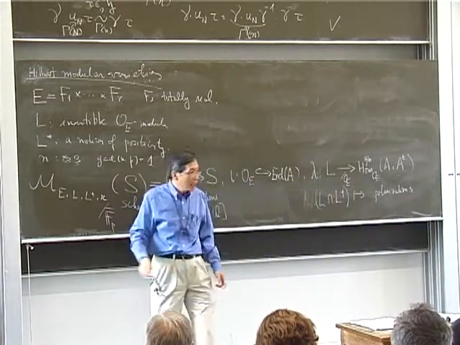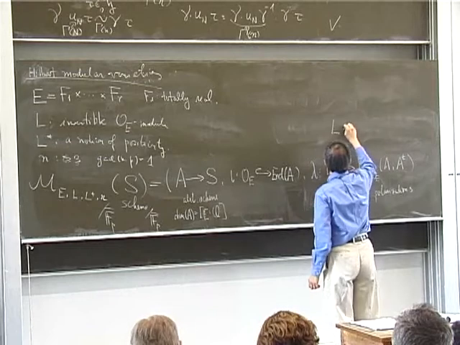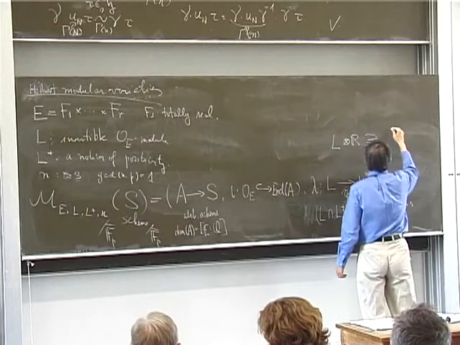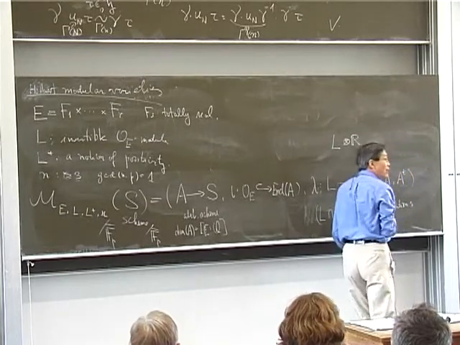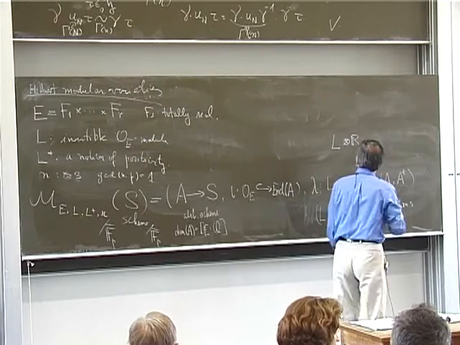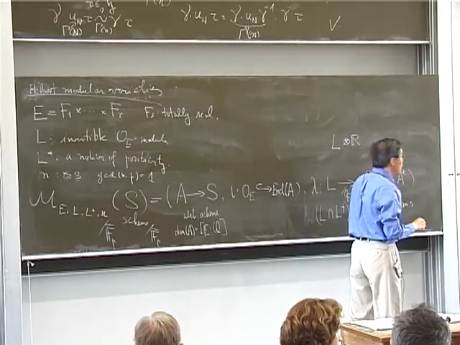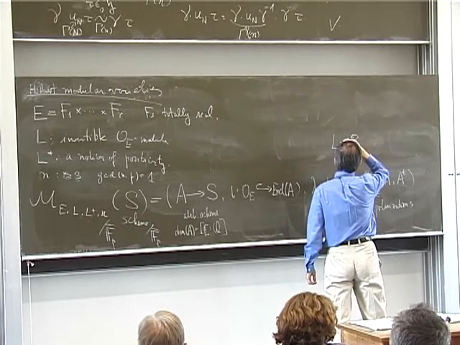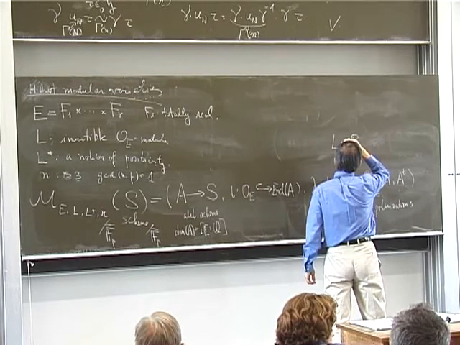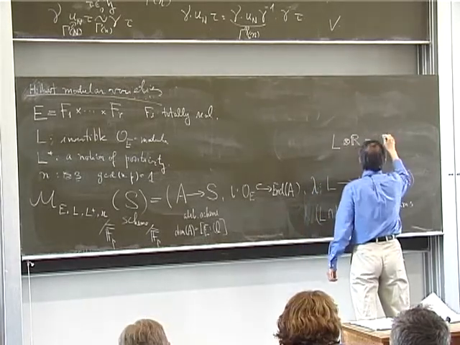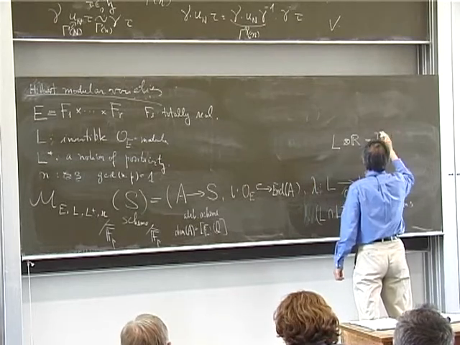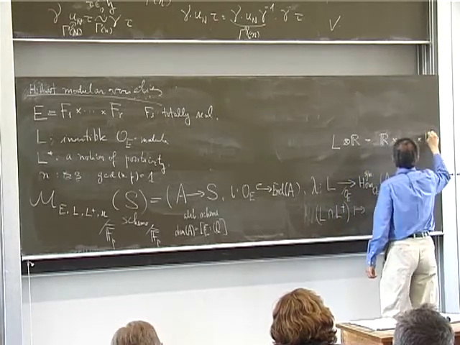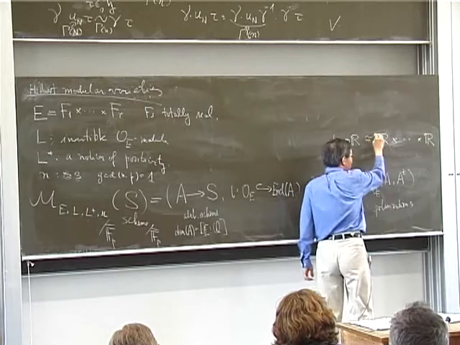So you take L tensor R, and then you want it to be... So L tensor R is a product, a union of R's, non-canonically, as an R vector space.